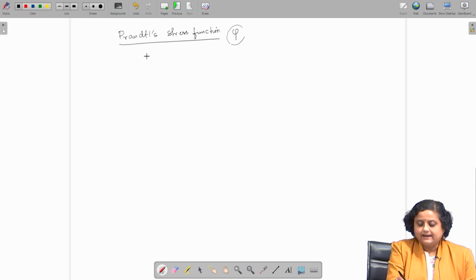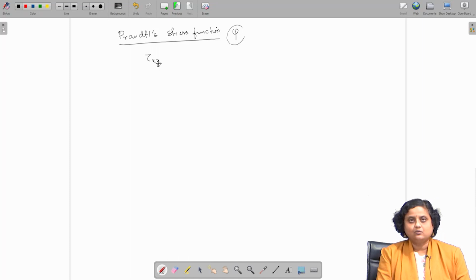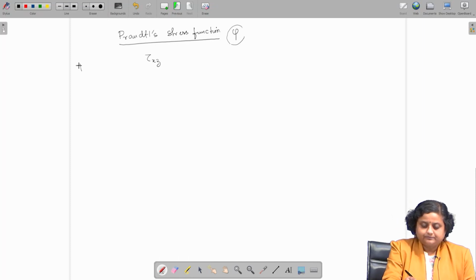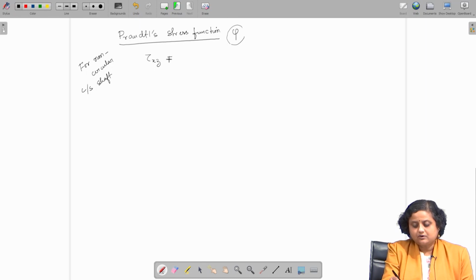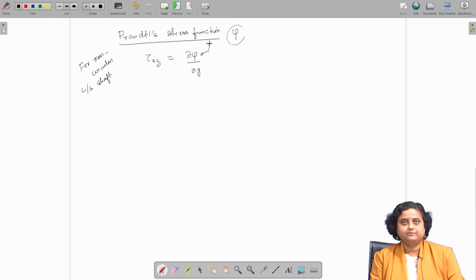So, let us assume that the shear stress tau x z for the non-circular cross section shaft, let me write this as del phi by del y, where phi is this Prandtl stress function, as I have said before.